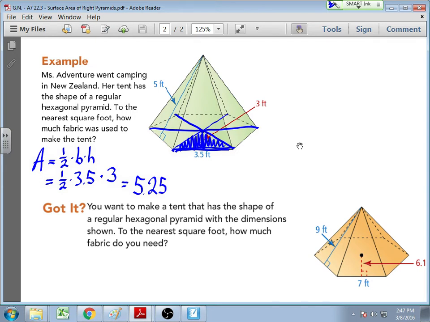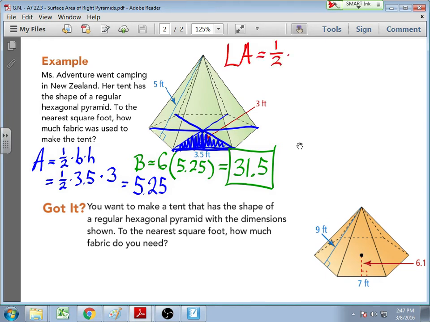So in order to turn that into big B, I'm going to use that big B must be 6 times that 5.25. And that big B then is 31.5. I'm going to need that later.